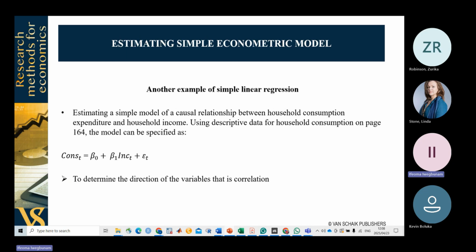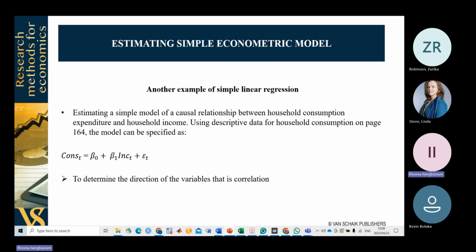Then another example of a simple linear regression is estimation of the causal relationship between household consumption expenditure and household income. Theoretically, like I mentioned before, as household income increases, it's expected that the household consumption expenditure moves in the same direction.